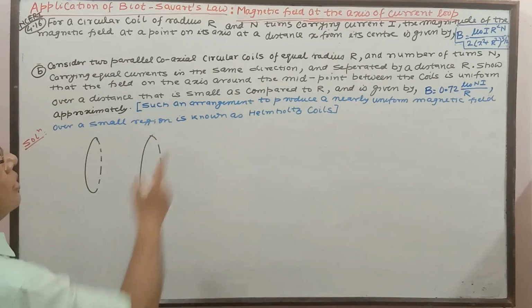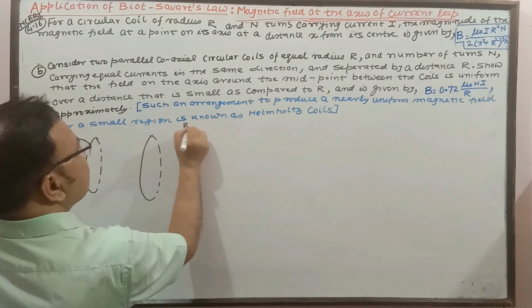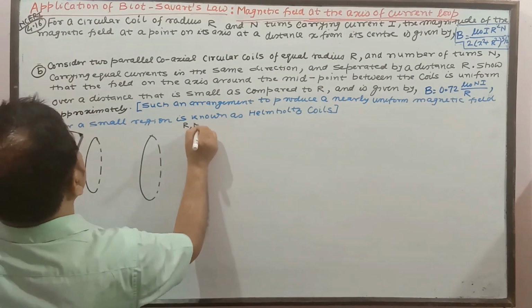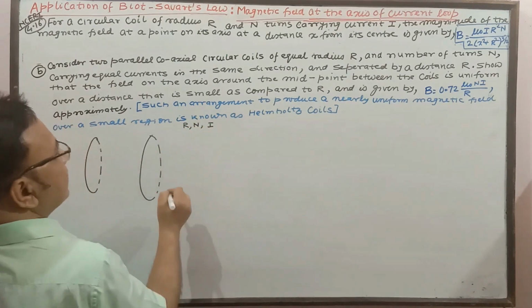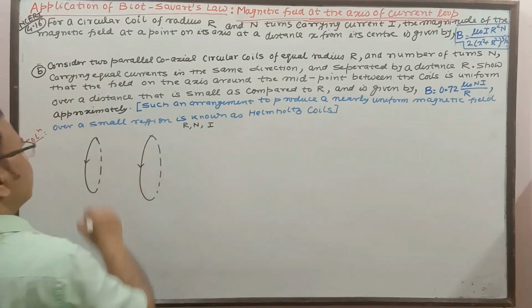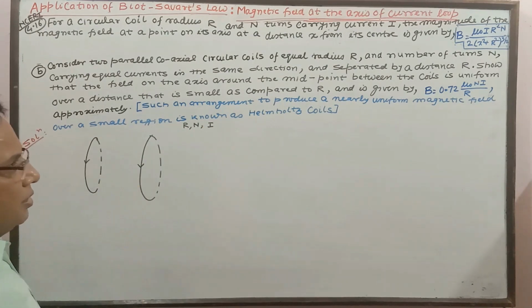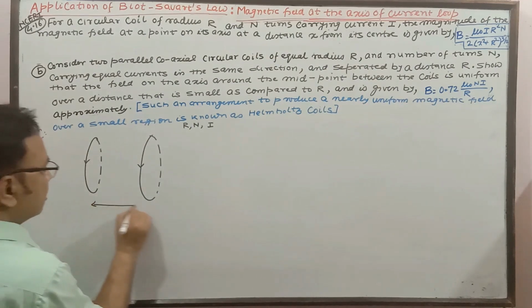So they are having equal radius. So R same, equal number of turns N same, equal current I same, and carrying equal current in the same direction. So anti-clockwise we are taking. Separated by a distance R. So this distance is R, what we have.